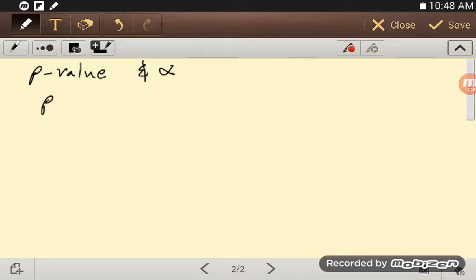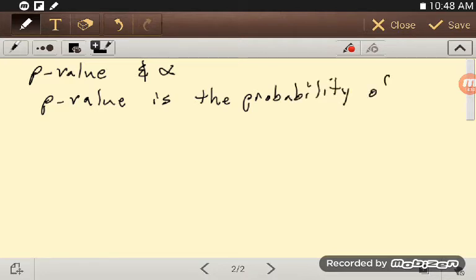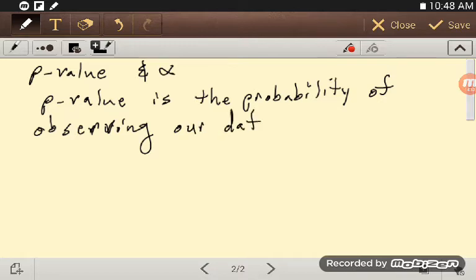So remember, p-value is the probability of observing our data, or extreme, more toward the alternate hypothesis.